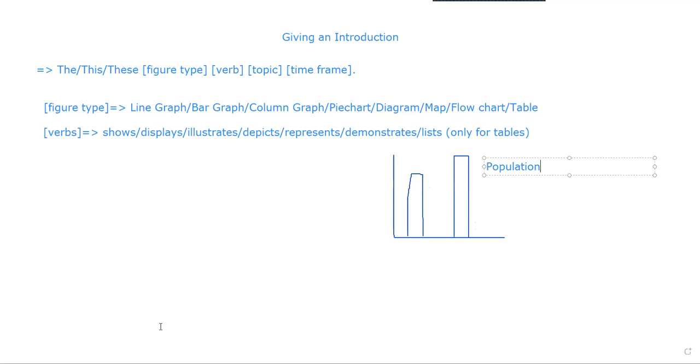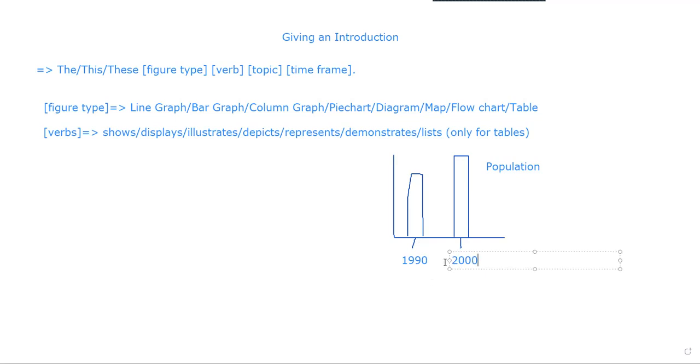Now there is a time frame included. Perhaps there has been a time frame included in this graph. For example, perhaps the first column is for 1990, and the second one is for 2000.